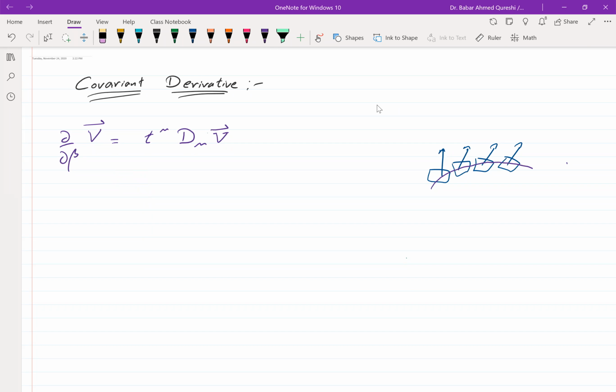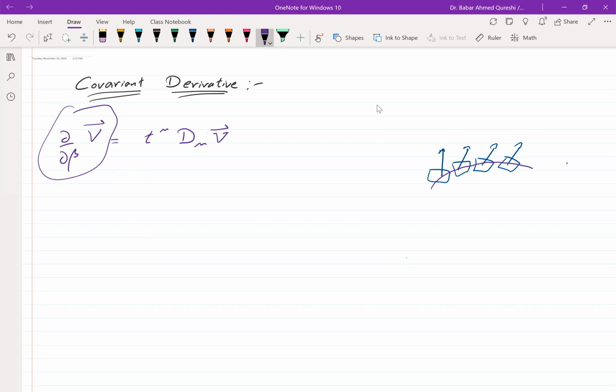And one problem with it is that it doesn't give me a tensor. I have made a difference of two vectors, I expect it to be a vector back again. Using naive partial derivative doesn't do that. It doesn't give me back a vector, and it shouldn't, because I don't know which vector over here connects to this vector at the next point.